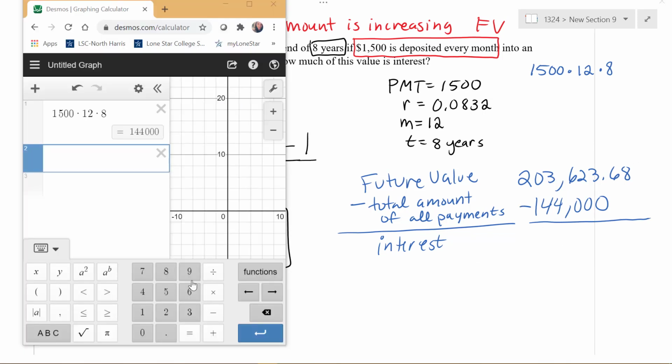Alright, now let's do that subtraction. Okay, so I get $59,623.68 that was earned in interest.